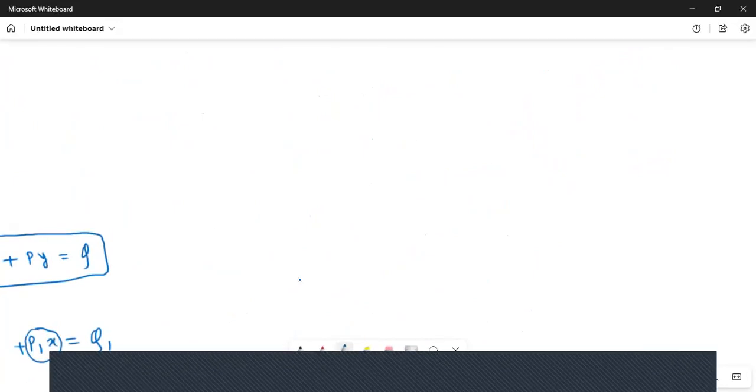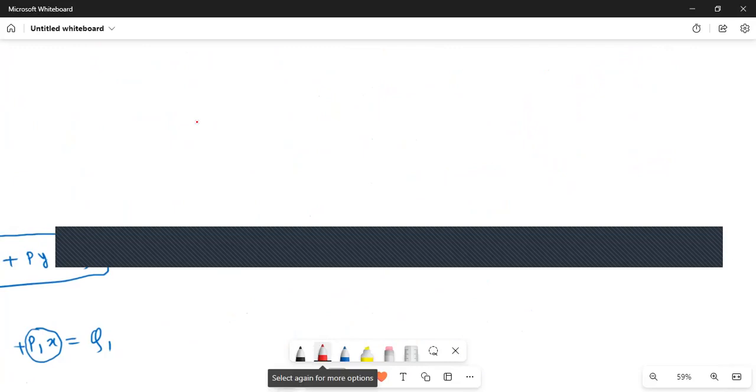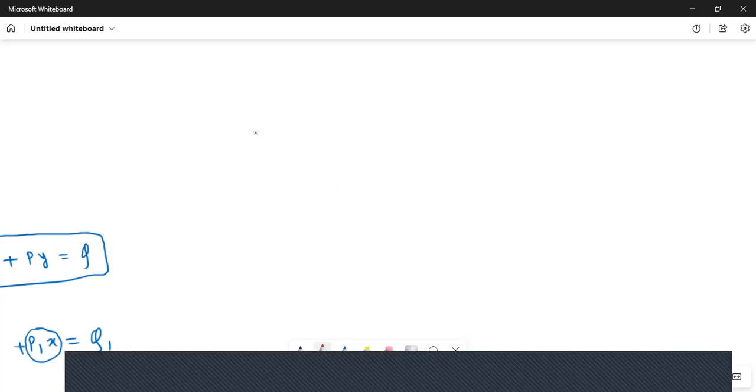Question number 13. Let's do question number 13. The question says that find a particular solution.